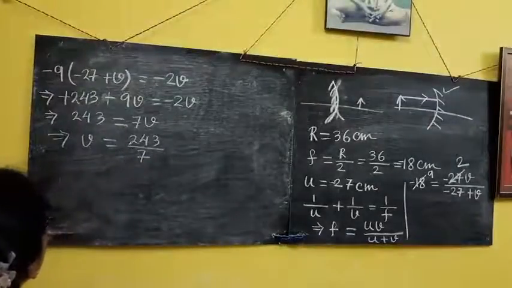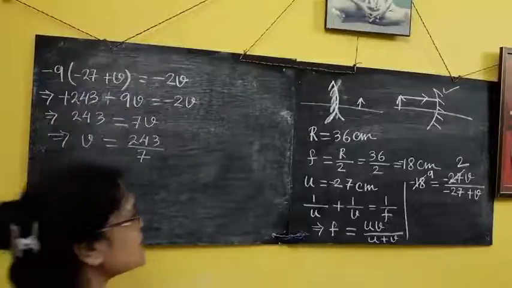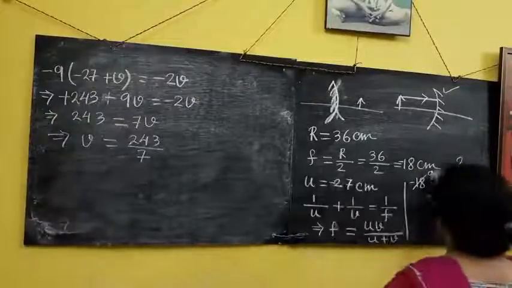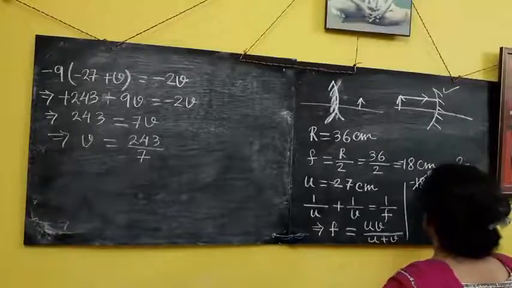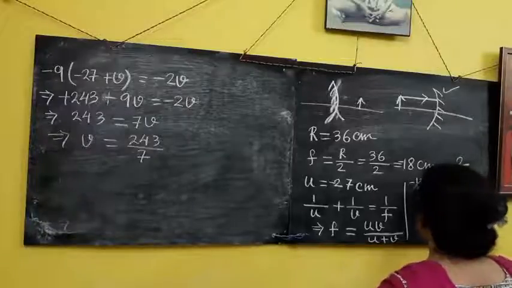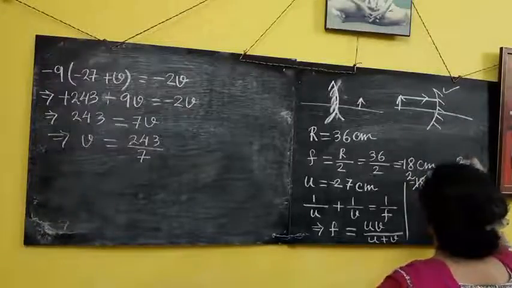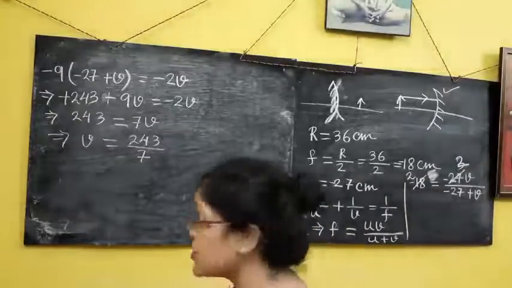Have we done any multiplication mistake? Oh, how is it 9? If I am taking 9 as, 9 2s are 18, 9 3s are... Oof, God.